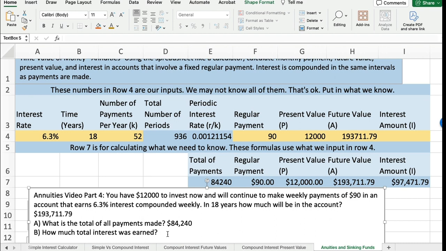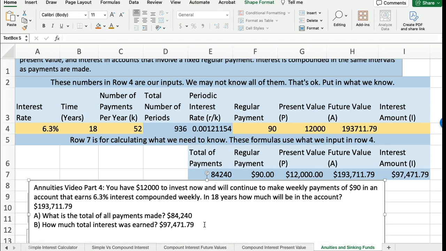So what's the total of all the interest that we earned? It was $97,471.79. So that's the number in column I. We earned $97,471.79 in interest.